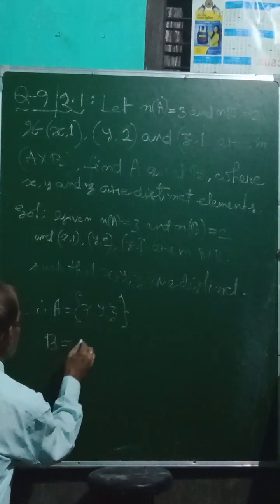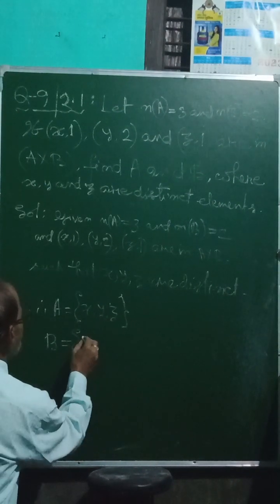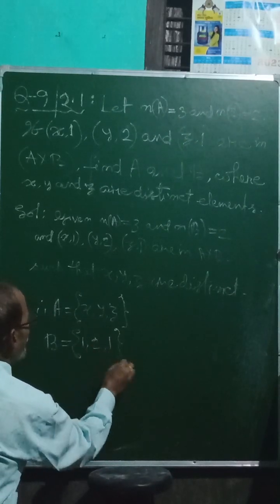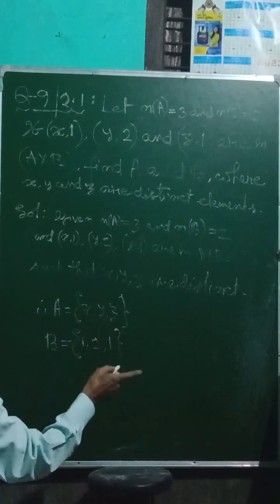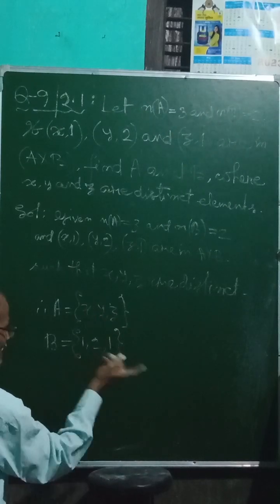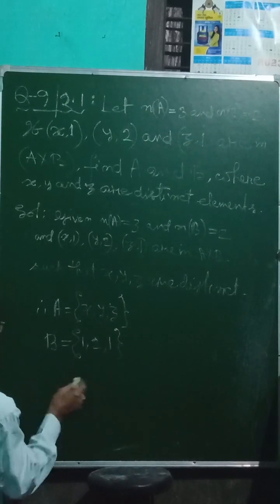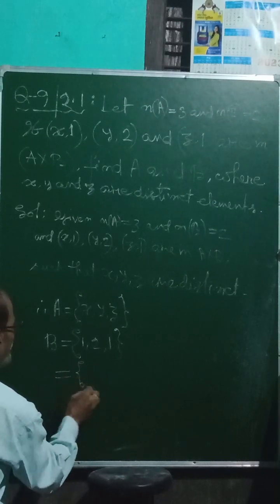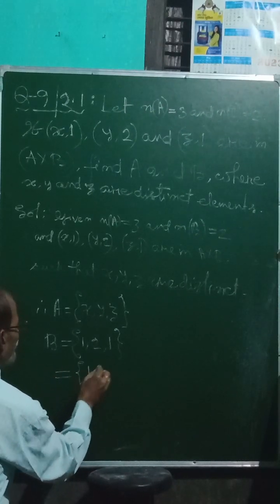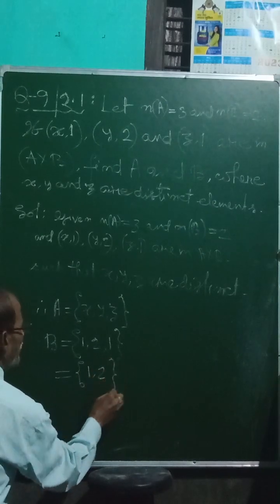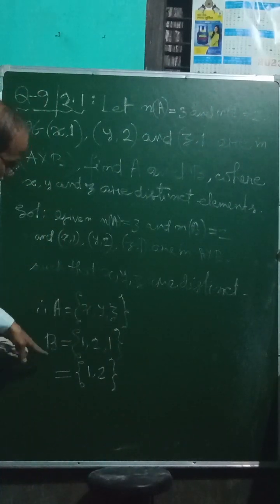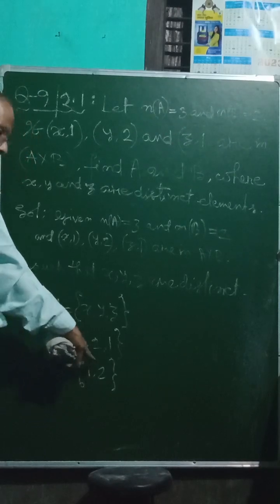B is equal to {1, 2, 1}, but repeated elements can be omitted in a set, you know, from the knowledge of the first chapters. So you write B is equal to {1, 2}. These are the things.